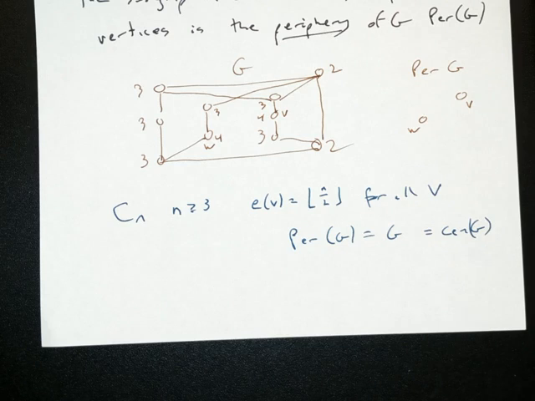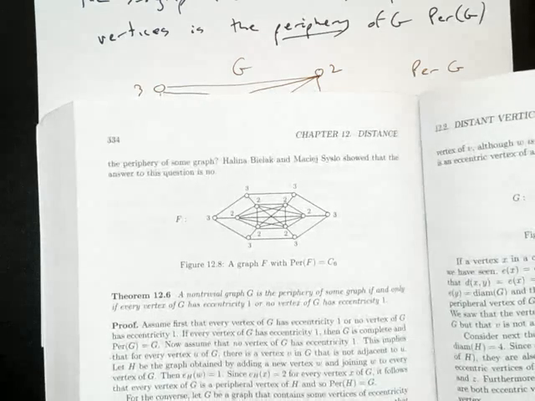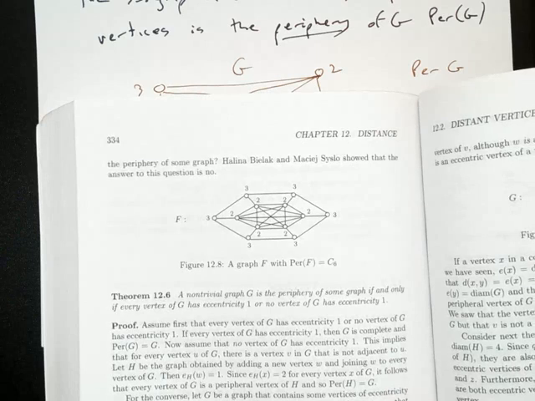There's an illustration in the book, K6 inside C6. That's disgusting. I've got a connected K6 in the middle. I've got a cycle on the outside. And like with the Petersen graph, I'm connecting the outside to the inside.